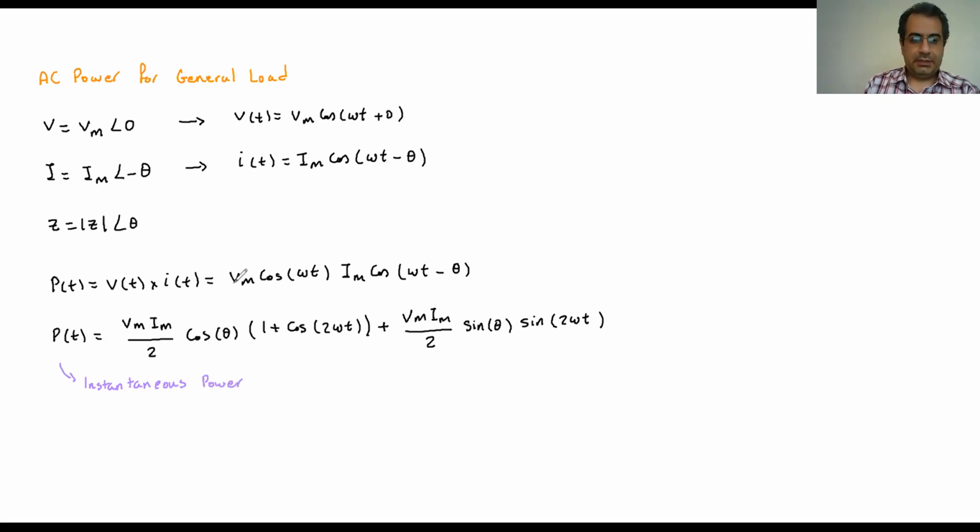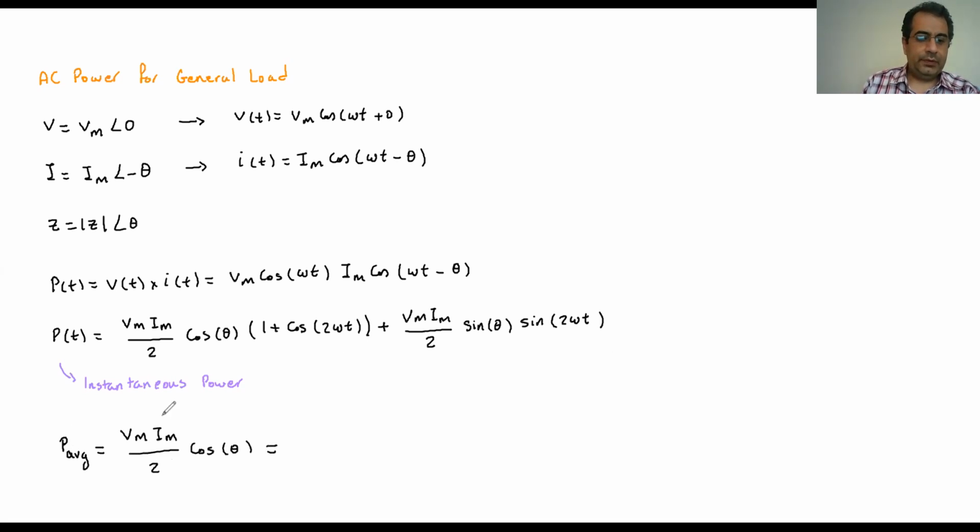If we average this equation over time, the cosine 2 omega t term is going to be 0, and this term is also sinusoidal, so it's going to be 0. So the average would be Vm Im divided by 2 times cosine theta.